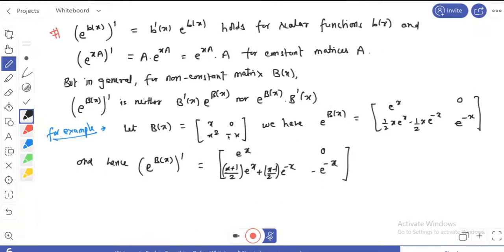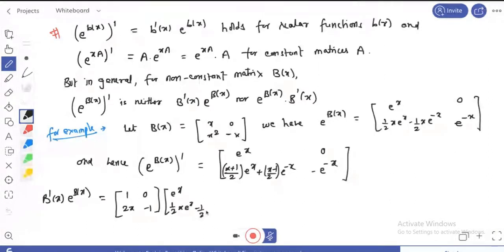Okay, so what is your b prime x e to the power bx? Basically, b prime means derivative with respect to x. This is 1, 0, 2x minus 1 with e to the power bx. This is half x e to the power x minus half x minus x, 0 to the power minus x.